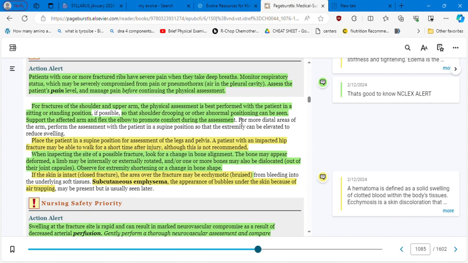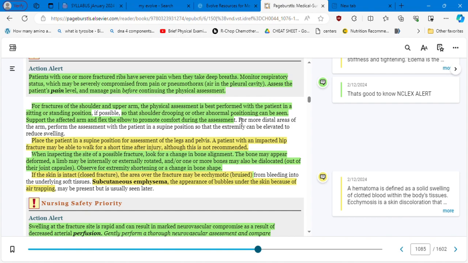And this is another criterion that may seem logical, but at the moment of evaluation, many nurses and healthcare providers get nervous when they see the patient having a fracture, depending if it's open or closed, right? So they don't want to touch the patient as much because they don't want to increase the level of pain.